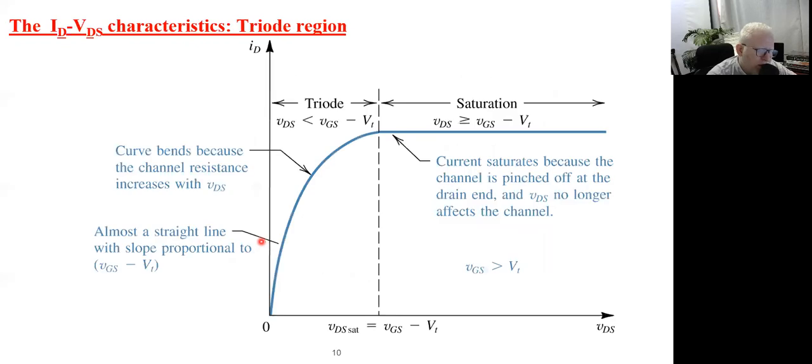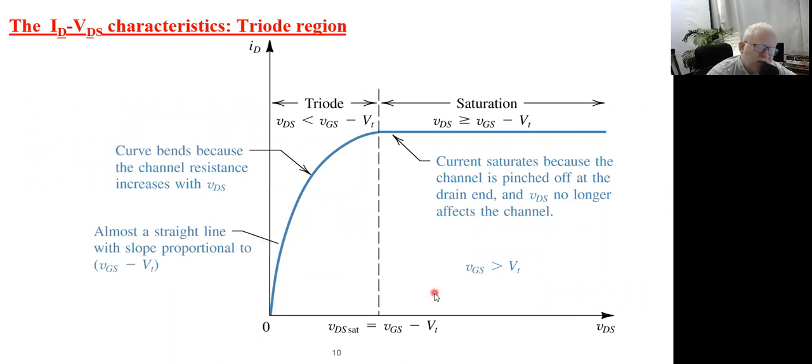Okay, so now let's turn back to the IV characteristic curve. As I mentioned, we have three regions. The cutoff region is the region where the voltage of the gate is below the V threshold. But whenever the voltage on the gate is above V threshold, I mean the transistor is on. So we say the transistor is on when the voltage on the gate is above the V threshold.